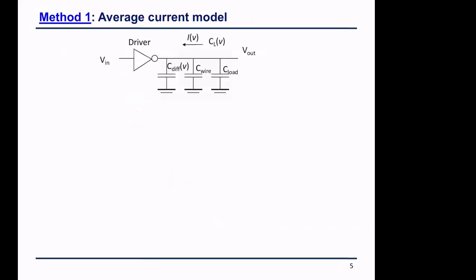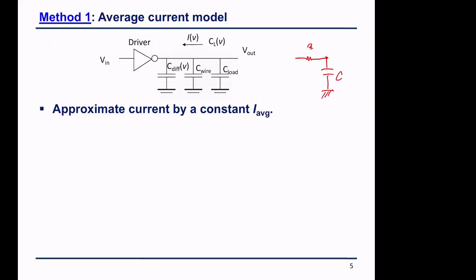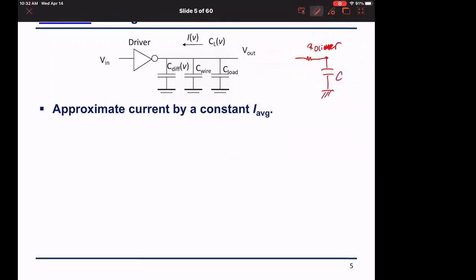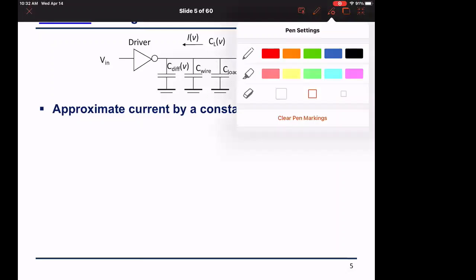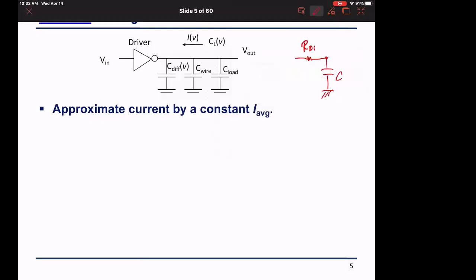Okay, so for the average current model, for the inverter driving, we will start from the fact that if I have a resistor that is charging or discharging a capacitor C, or some other device or driver, since I care to measure the delay on the capacitor, we know that the current of the capacitor is C dV by dt.